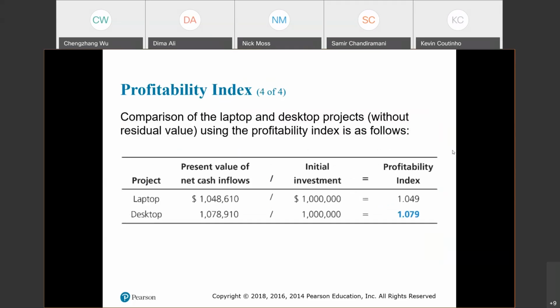The Profitability Index confirms our prior conclusion that the desktop project is more profitable than the laptop project, because the desktop project returns $1.079 for every $1 invested. We did not need the profitability index to determine that the desktop project was preferable because both projects required the same investment.